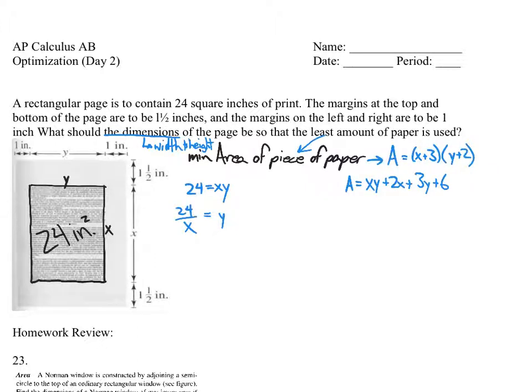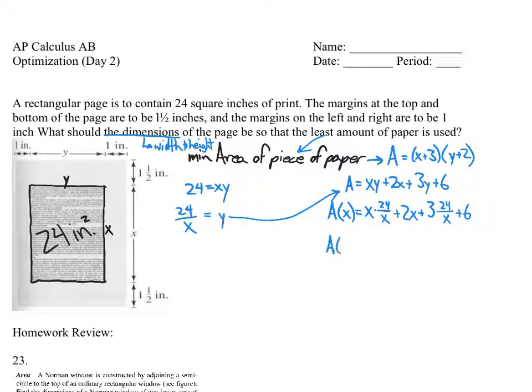So now I'm going to plug that into my area. And now my area will be a function of x because I have x times 24 over x plus 2x plus 3 times 24 over x plus 6. And of course I want to simplify that.